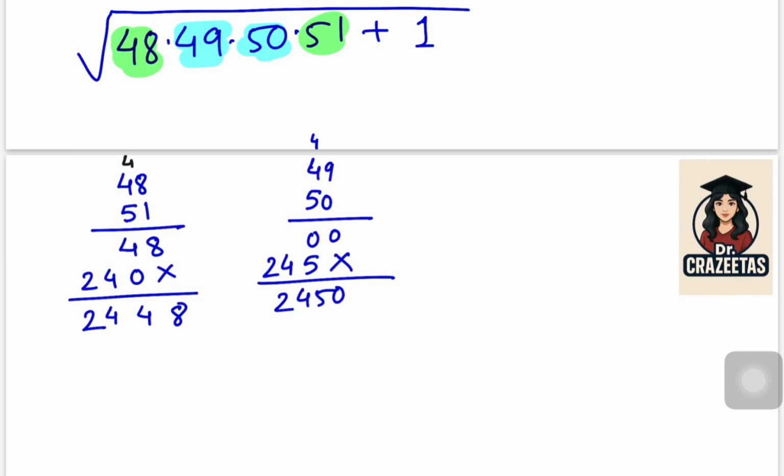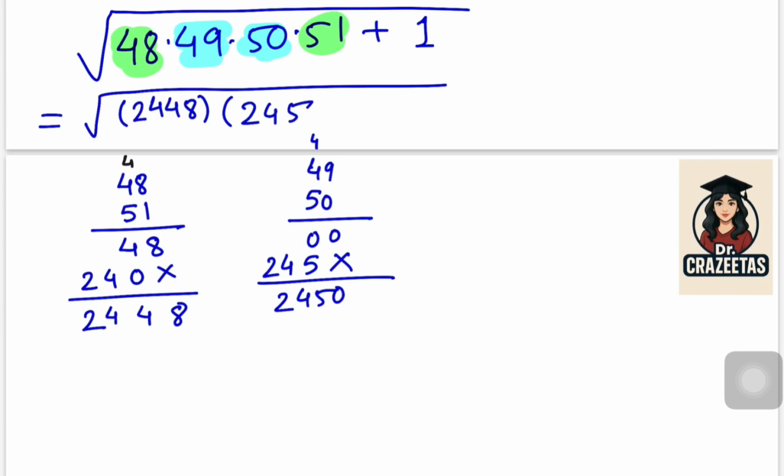So we have obtained the multiplication of these numbers, so we put it in the next step. 48 into 51, in one bracket I am writing 2448, and the next multiplication value we write 2450, plus 1.